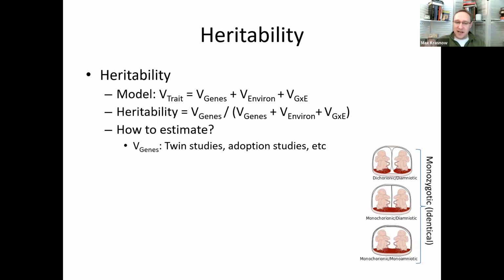And those various combinations are going to mean that across these sets of twins, they all have the same genetic similarity, but because of differences in how those placentas can act and differences in the environment within each of those sacs, they can experience some variance in the environment that they experience.